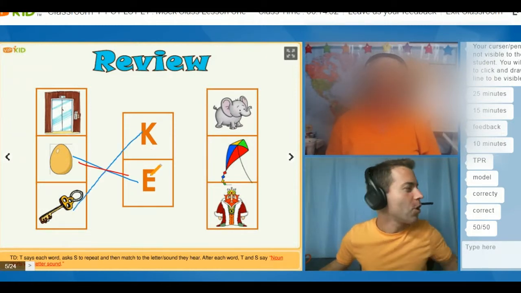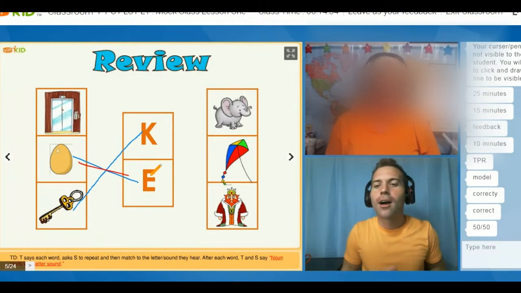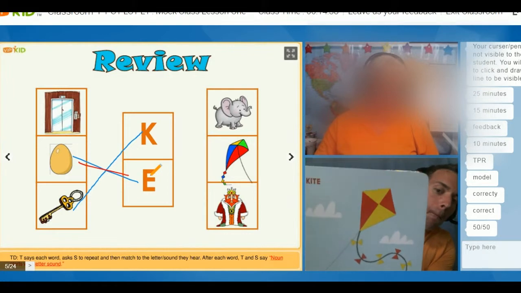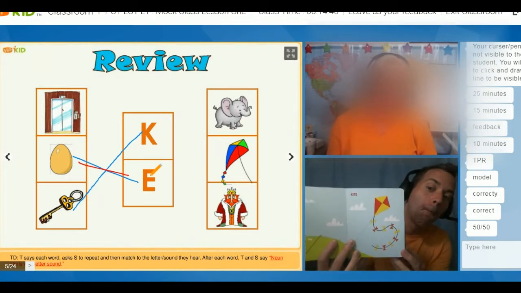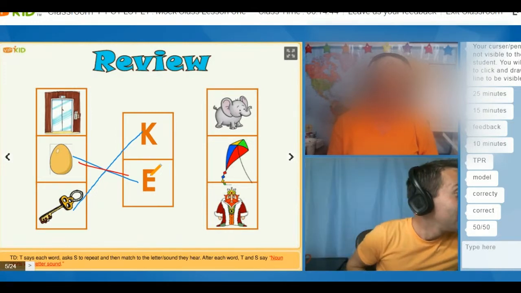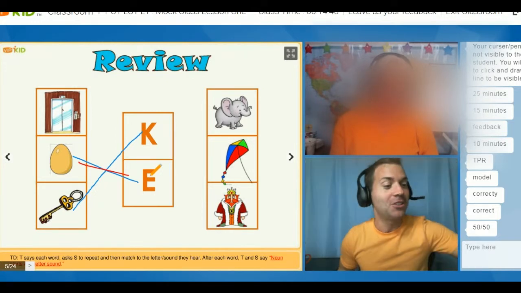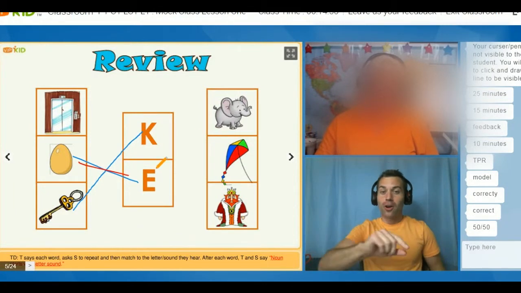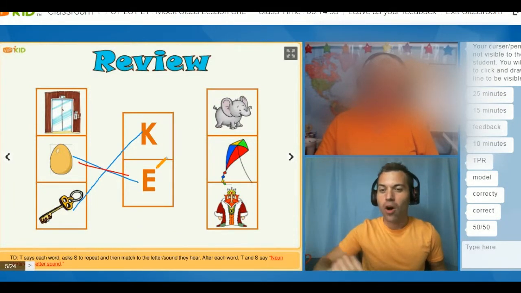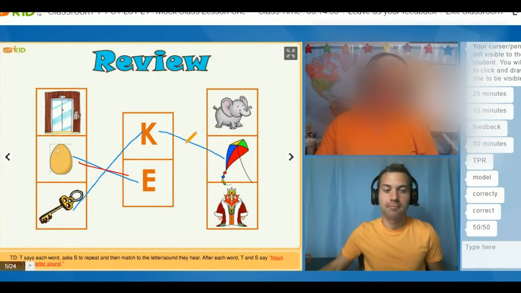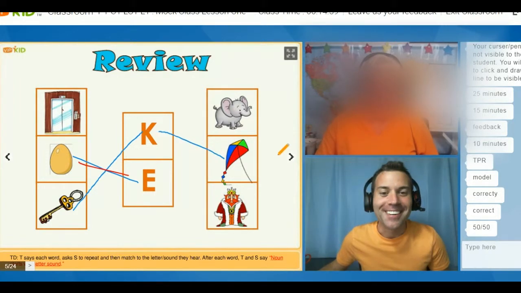What else starts with K? Kite. Yes. Kite starts with K. Kite. Draw a line to kite. Good.